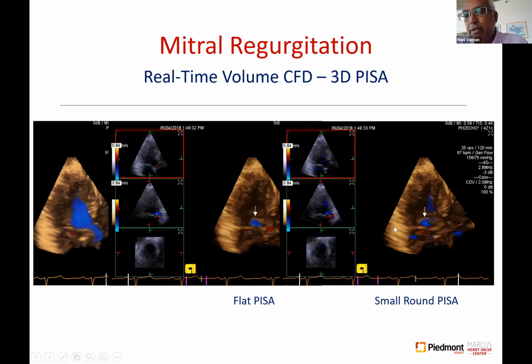It is flat here, it is round here. We see this in 2D echo, but we take the largest PISA and measure it. The best way here would be to integrate the regurgitant volume throughout systole from PISA and get a regurgitant volume, because it happens to be the most physiological indicator of the amount of blood leaking back into the left atrium.